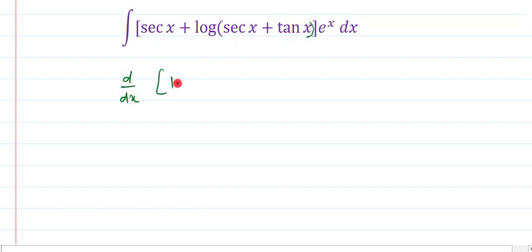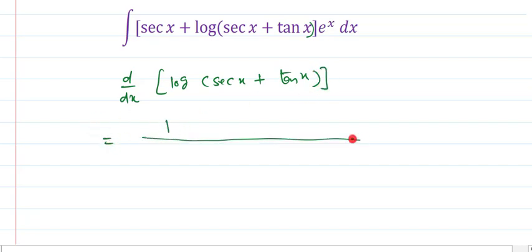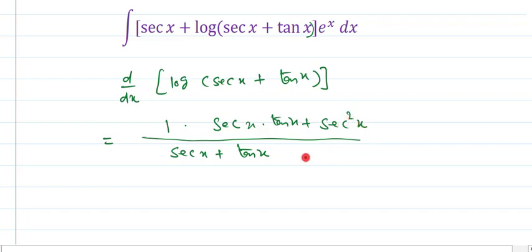d by dx of log of secant x plus tan x is equal to 1 upon secant x plus tan x, and according to the chain rule the derivative of secant x is secant x into tan x and the derivative of tan x is secant square x.